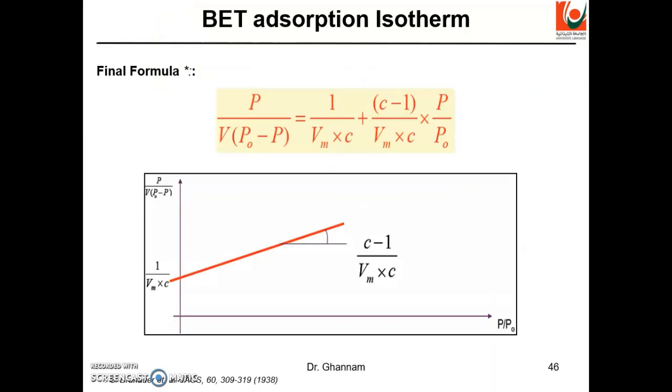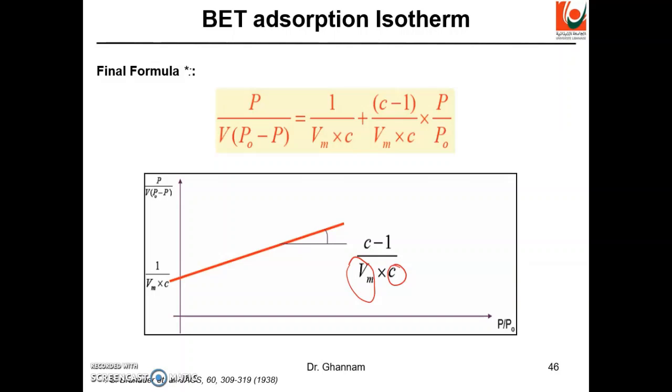Here we get a linear variation, where the intercept is equal to 1 over Vm times C, and the slope equals C minus 1 over Vm times C, and by this way we are able to determine C and Vm. And this is the development of the BET isotherm.